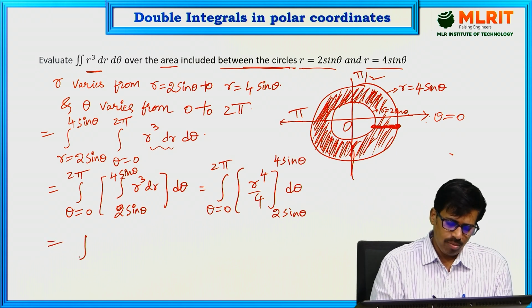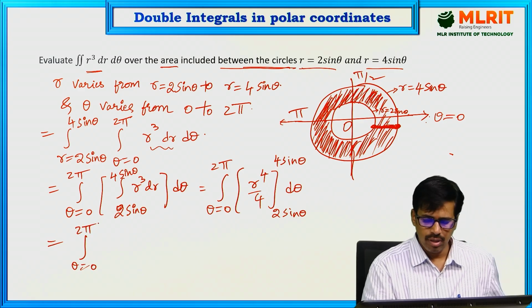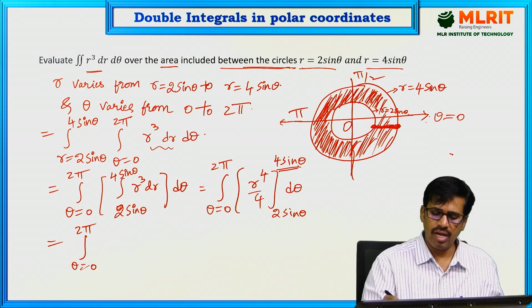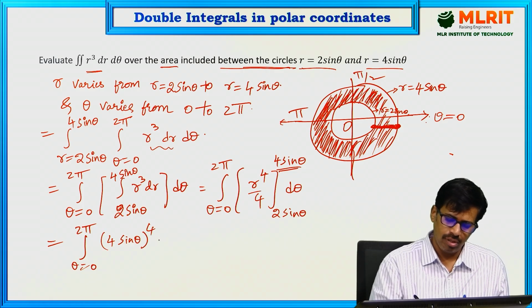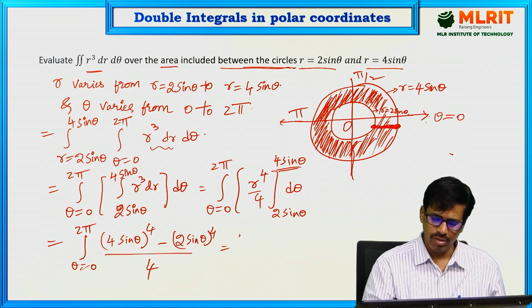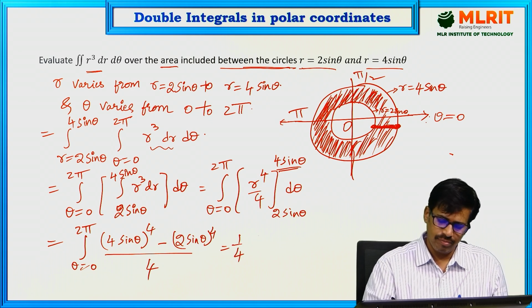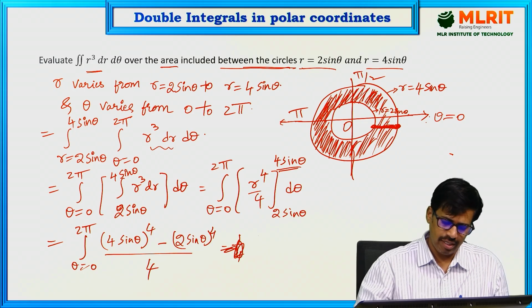Theta equal to 0 to 2 pi. The limits for r: upper limit r equal to 4 sin theta whole power 4, minus 2 sin theta whole power 4, total divided by 4. So this 1 by 4 take it outside. Let us write it on the next page.